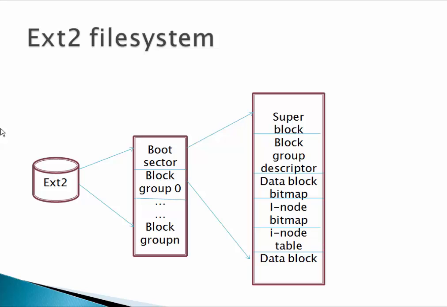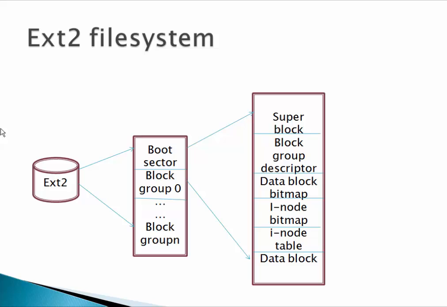The advantage of splitting your entire file system into different block groups is performance improvement, because your inode table and your data blocks which hold your user data can reside closer together on the disk, so it will decrease your seek time. Seek time is what the head needs to move to search for your data. So all this will be reduced when you split your entire file system into different block groups.